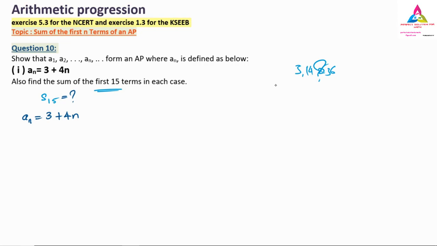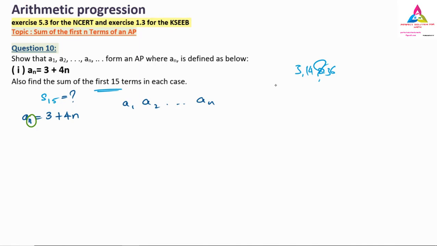Now remember, here we have to find A1, A2, so on till An. They have not given any one of the terms, but they have given An, in the position of n. In this n value we can substitute anything: 1, 2, 3, 4, 5.